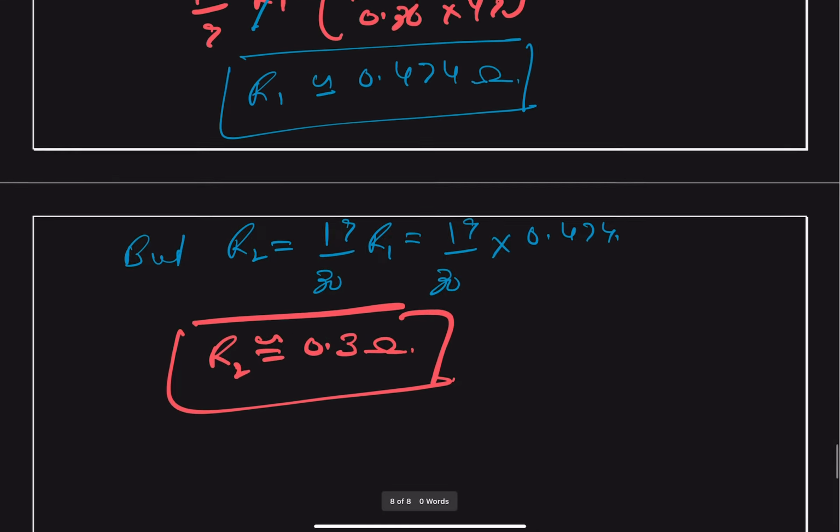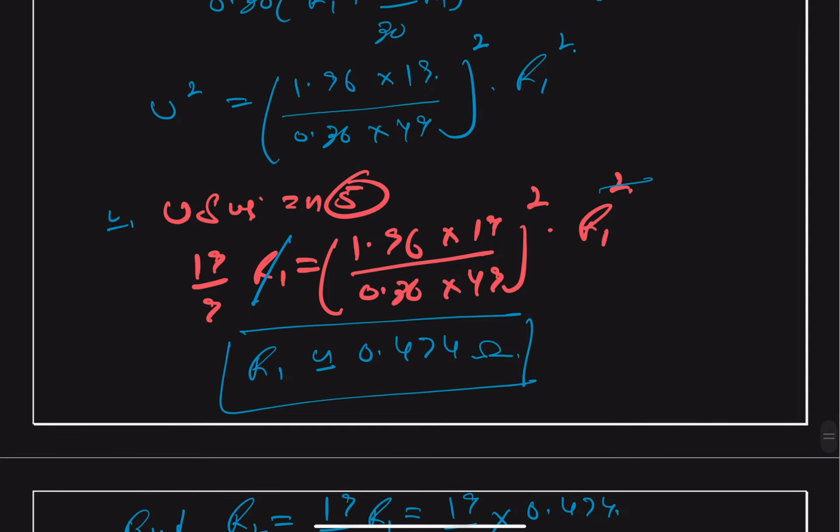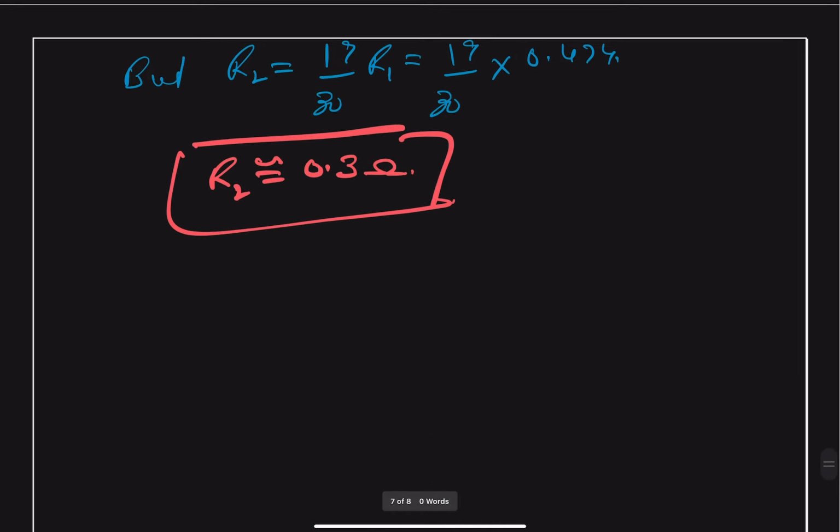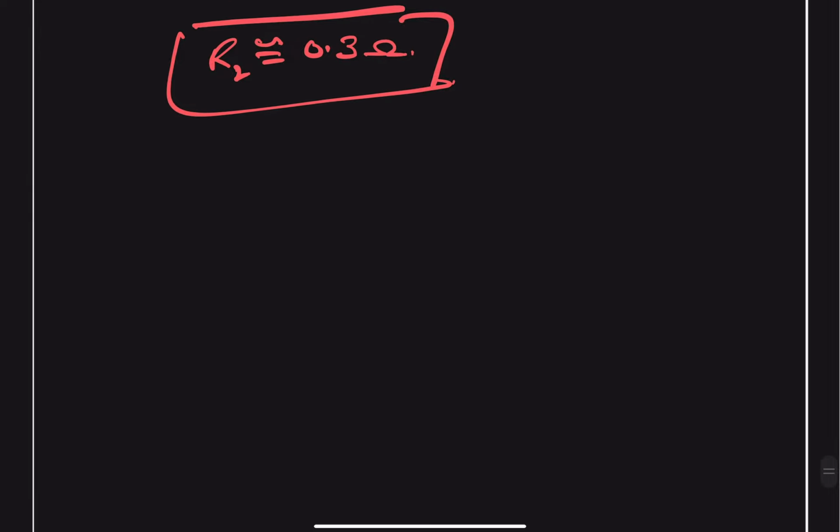And we already know the relationship between V and R1. Therefore, we can say that V square is equal to 19 by 9 multiplied by 0.474, and this comes approximately equal to 1.